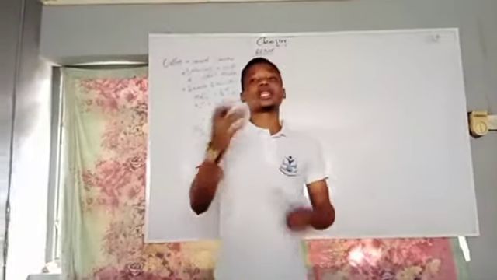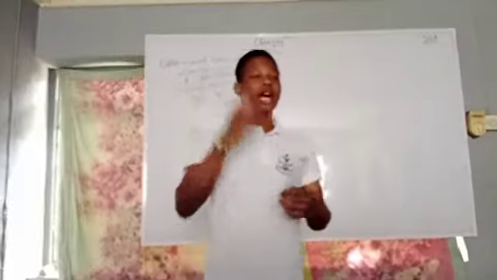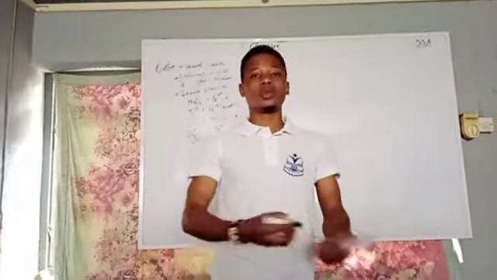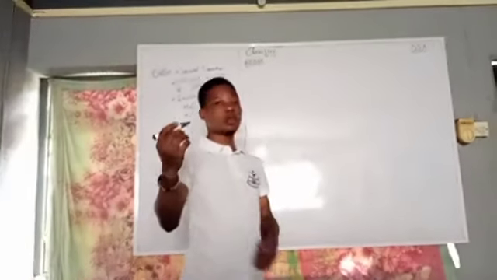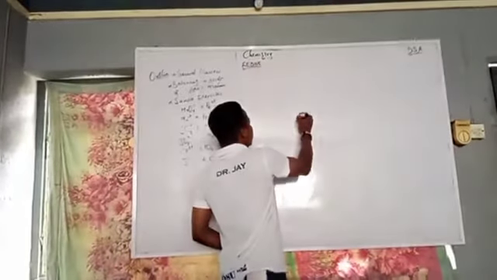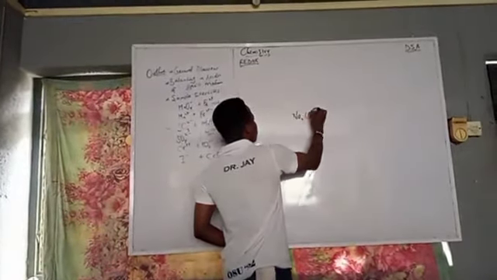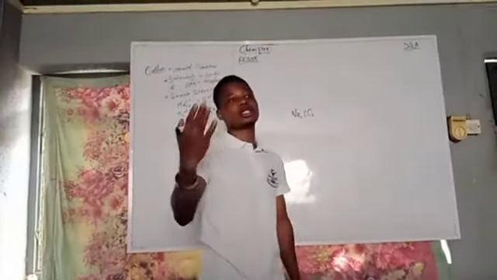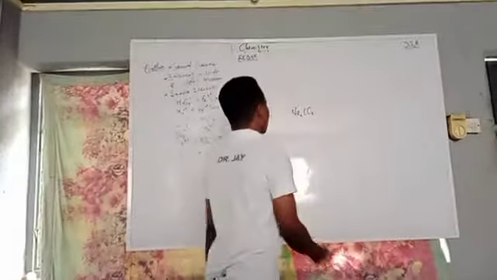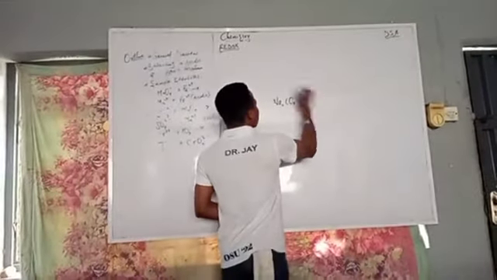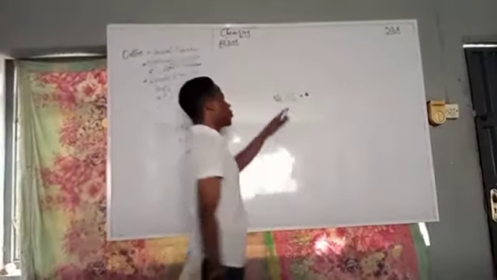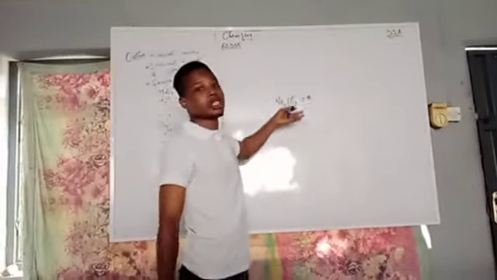Then we looked at how to calculate oxidation numbers for elements or species in a particular compound. Let me take a quick example. For instance, we have a compound Na2CO3, and you have to find the oxidation number of carbon. We know that the algebraic sum of the oxidation numbers of a compound is equal to 0, right? So Na2CO3 is equal to 0. Now we know the oxidation number of each species in the compound.